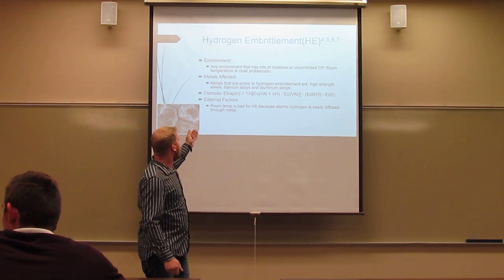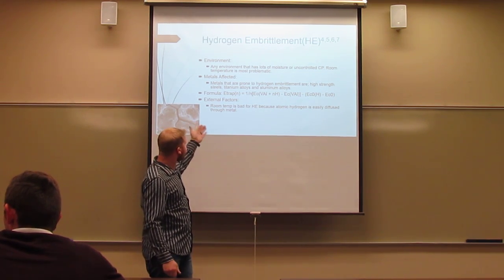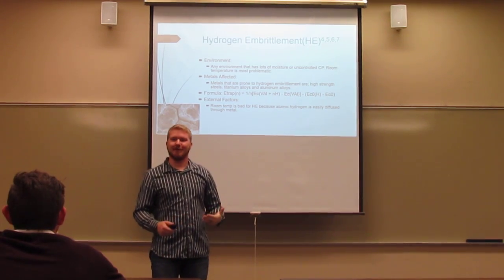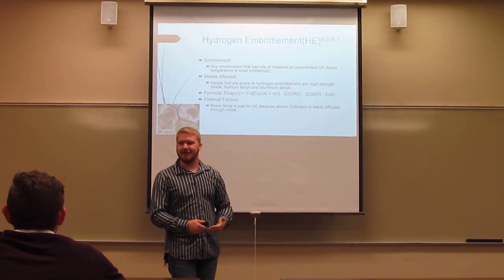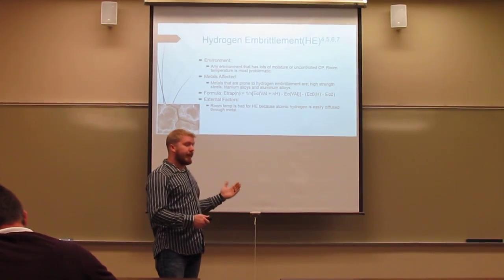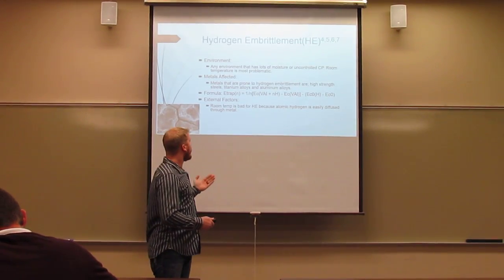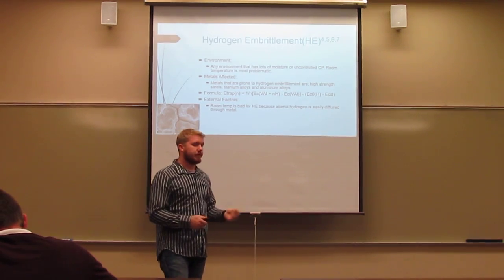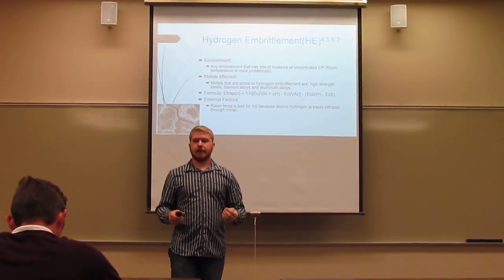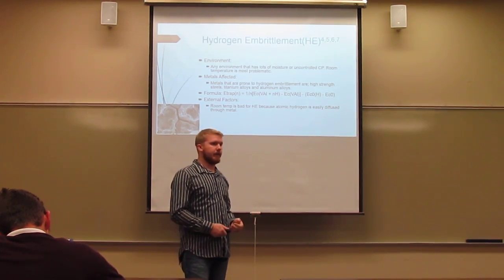A formula for hydrogen embrittlement is here. I'll be honest with you guys, I'm not really sure what all those little letters mean, but this is what the industry uses to determine it. External factors are room temperature. Room temperature is bad for hydrogen embrittlement because the hydrogen is easily diffused in the metal at that temperature range.